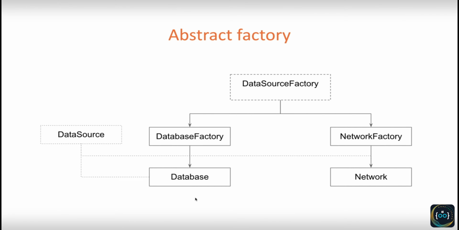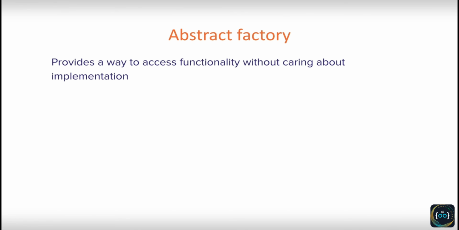I haven't drawn it here, but obviously the database and network will retrieve the actual information. So Abstract Factory provides a way to access functionality without caring about implementation. This is kind of true for the factory method as well, but as I mentioned, this is one level up, and in this case, we don't even care about which factory we use.